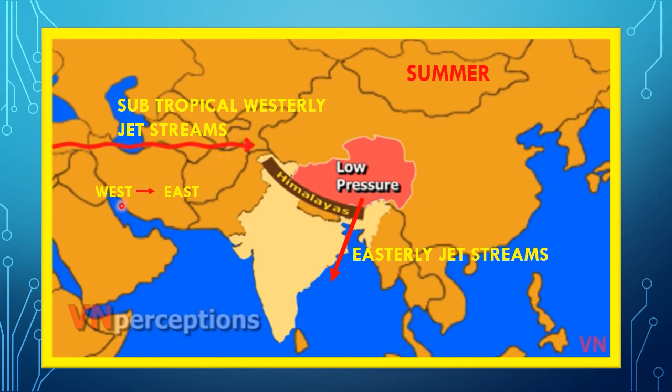and this easterly jet stream then blows over peninsular India around 15 degrees latitude during summer, and this creates tropical cyclones during monsoons as well as in October and November, and also helps in the sudden onset of monsoons.